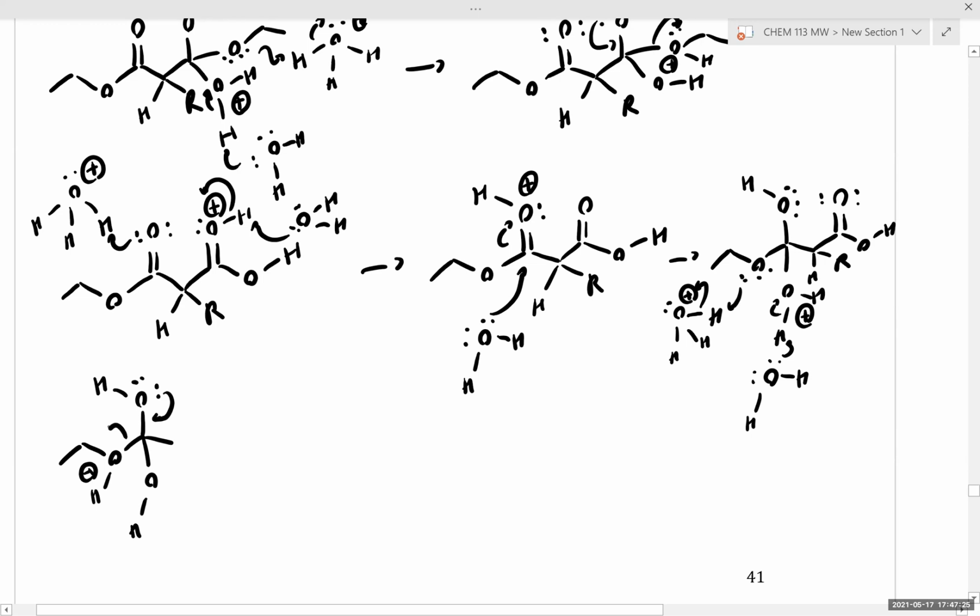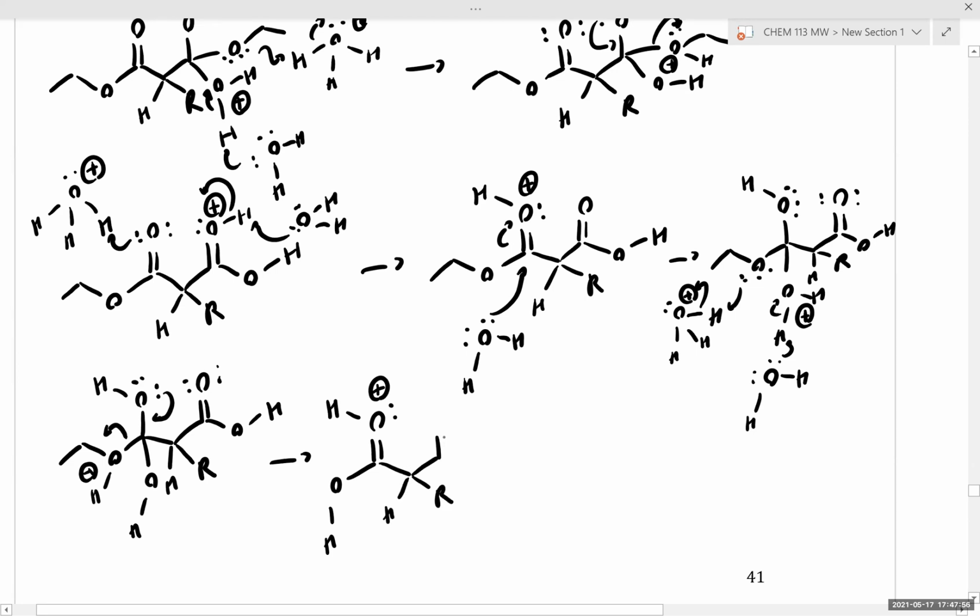and we're now ready for probably the most important part of this malonic ester synthesis mechanism, which is our key decarboxylation step. Okay, so we've lost ethanol. We now have our dicarboxylic acid, and we have one more cleanup step that we have to do.